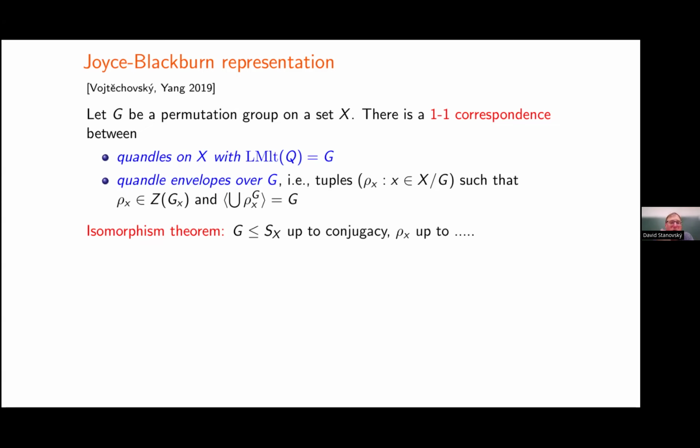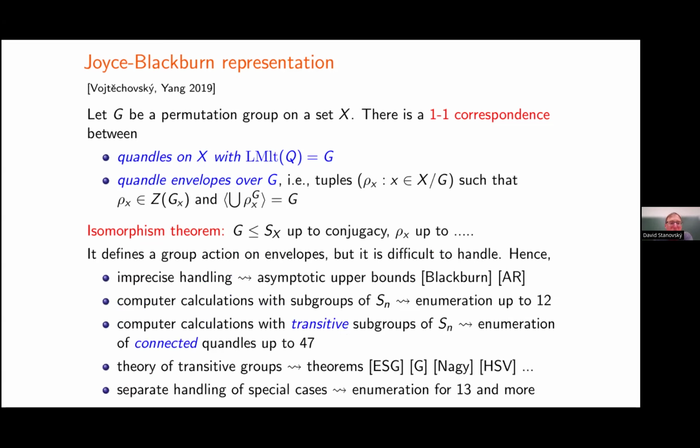Okay, so in fact, when we want to enumerate quandles, we can choose the permutation groups up to conjugacy, and these envelopes up to something which is relatively manageable. So that equivalence can be considered as a group action on envelopes, which is relatively simple to describe, fairly difficult to handle. So what can you do with that?